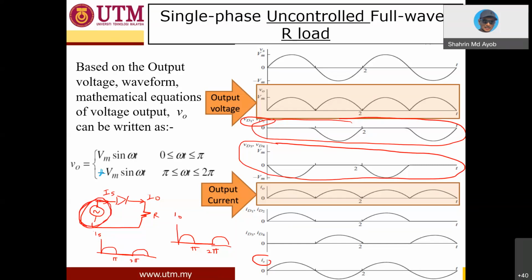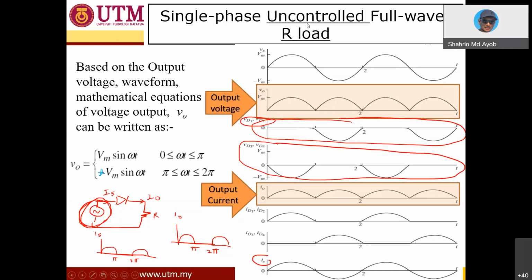That is the top requirement for the power quality. But as you can see here, for the half wave, the I source is totally low quality, because it is not sinusoidal.